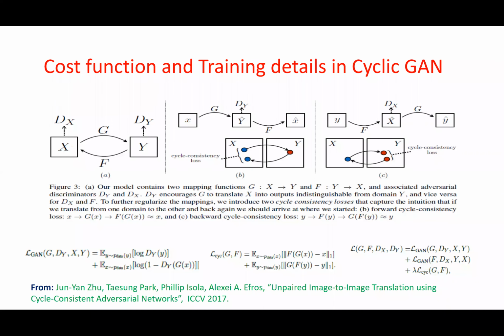The zebra image that I am supposed to get here should be the same after the transformation of two generators. That is referred to as cyclic consistency loss. Same is the case with the horse as well.